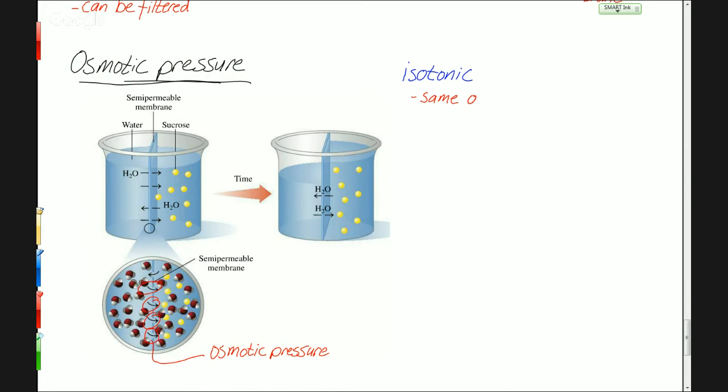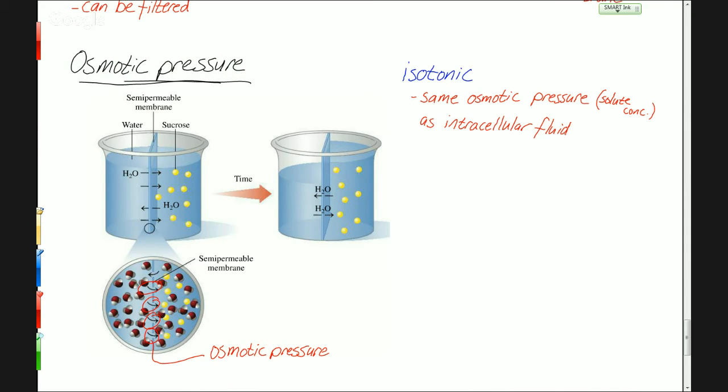An isotonic solution will have the same osmotic pressure, which is solute concentration, as the intracellular fluid. That's the fluid inside the cells.